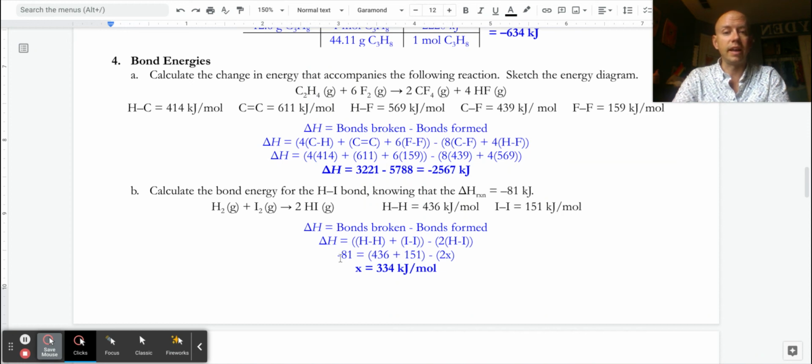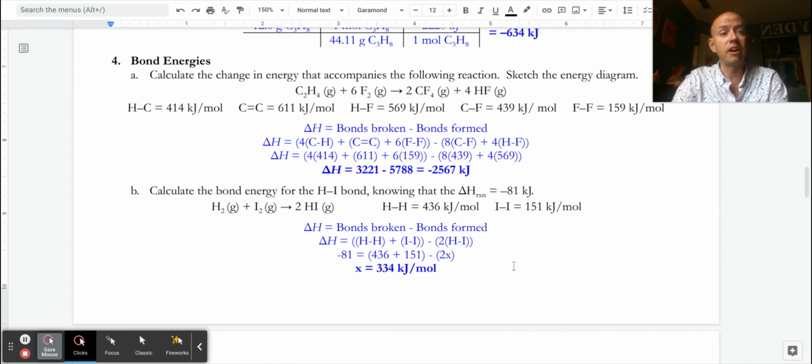So we can plug in our negative 81, we can plug in the things that we know, and we need to be very careful to note that there are 2 H to I bonds as we are solving this. So when we combine these together to come up with the value, something in that 587 range, we subtract it over to this side. We're even higher than that. We're in the 600 something range, which is why each bond has a bond energy of 334.